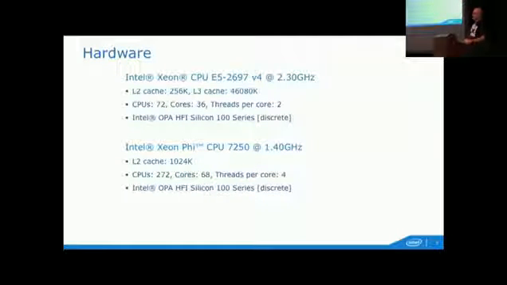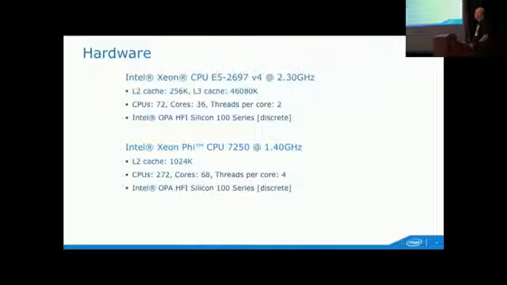From my experience, I use the following hardware. I take a regular Xeon and a new system with a Xeon Phi processor. As you can see on this slide, the difference in frequency of those cores is about twice.